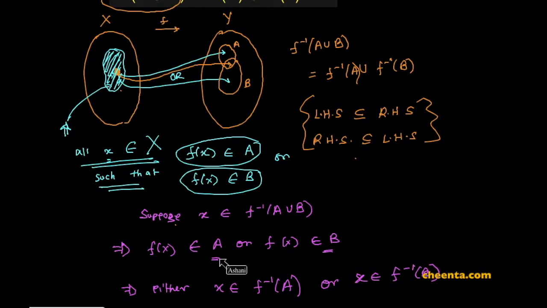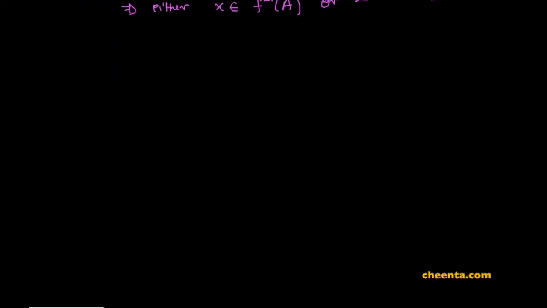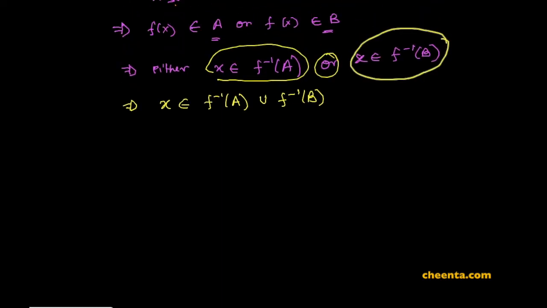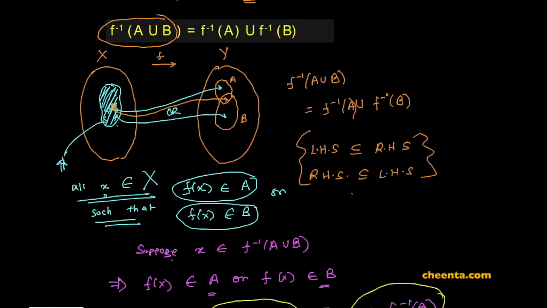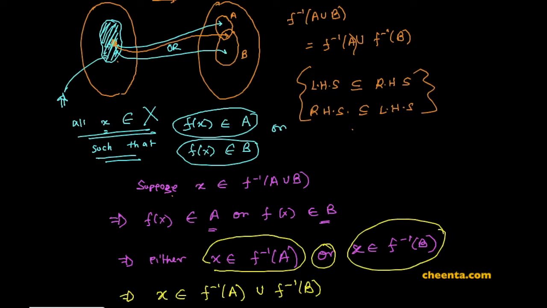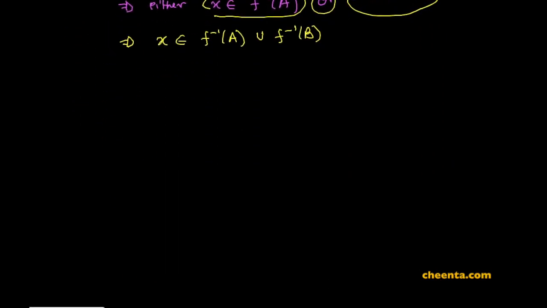Of course, if fx is in A, then x is in f inverse A. If fx is in B, then x is in f inverse B. But that, if we write in the notation of sets, means x is in f inverse A union f inverse B. So if you carefully analyze what we did, we picked up an arbitrary element from f inverse A union B, which is here, and we showed that it's inside f inverse A union f inverse B. This would clearly imply that f inverse A union B is a subset of f inverse A union f inverse B.